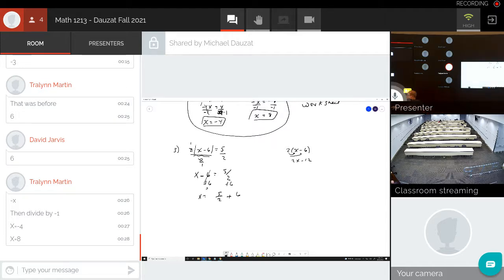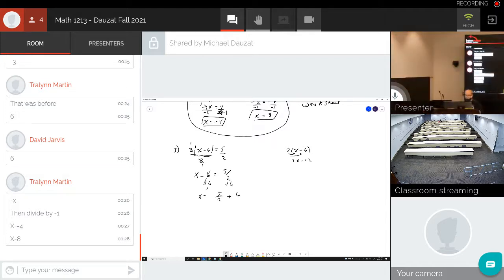When adding fractions, I'm going to write 6 as 6 over 1. You got to first find the least common denominator. What's the smallest number that 2 and 1 go into evenly? 2. Least common denominator is 2.